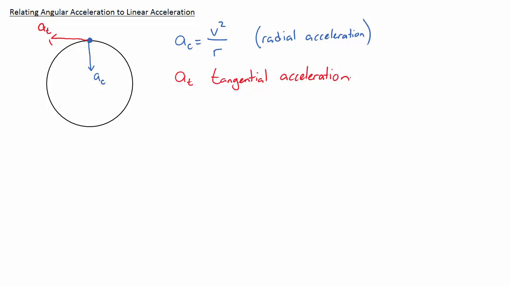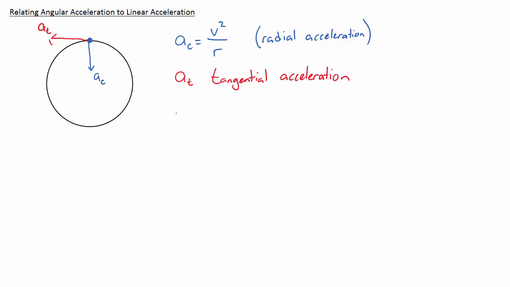However, there still is an acceleration on the object due to the centripetal acceleration, because it is moving in a circular path. So, the tangential acceleration has to occur when you have an object that is changing its angular velocity.